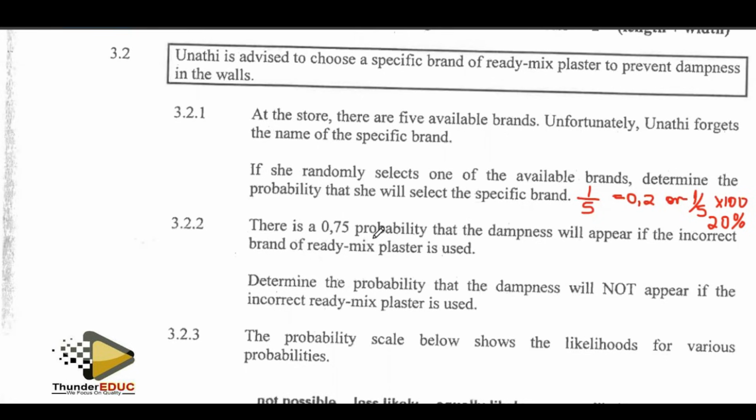This is straightforward also. If 0.75 is positive, what's remaining to make it negative is 0.25. So the probability is 1 minus 0.75, and the answer becomes 0.25.